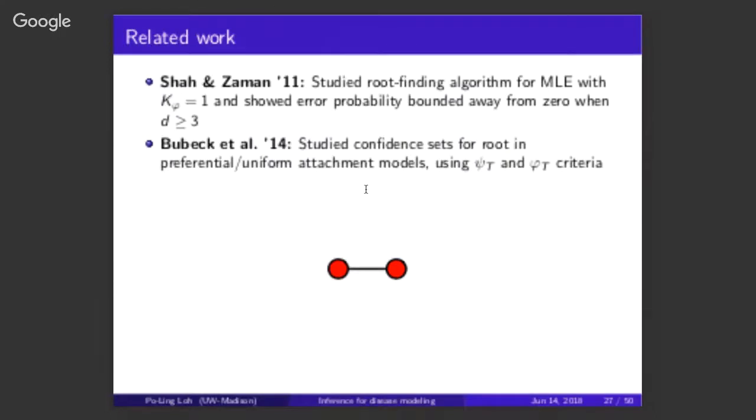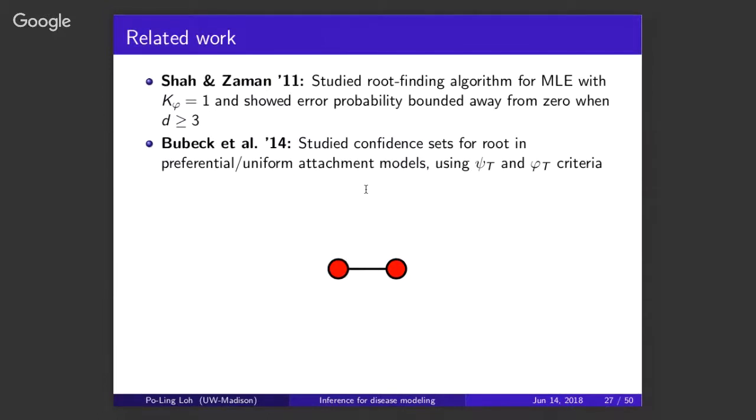In uniform attachment, every time we add a new node, it attaches to an existing node with equal probability. But in preferential attachment, a new node that comes in looks at the degrees of the existing nodes. It's like it looks at how many friends each node has. If that node has more friends, it decides that node must be more popular, so it's better to attach to that. So if this next node were to come in, it would say, well, the middle node has twice as many neighbors as the other ones.